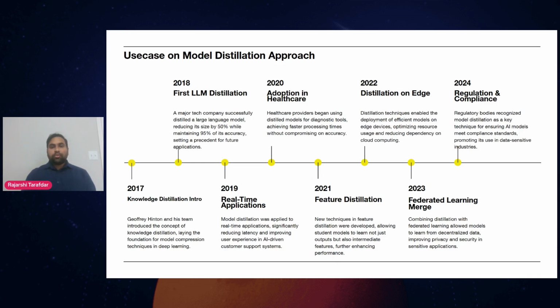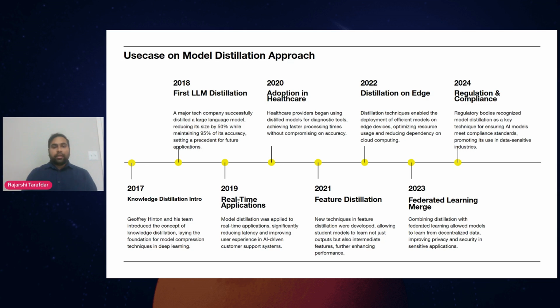And here we also go through a use case on the model distillation approach. In 2017, Geoffrey Hinton and his team introduced the concept of knowledge distillation. It laid the foundation of model compression techniques in deep learning.